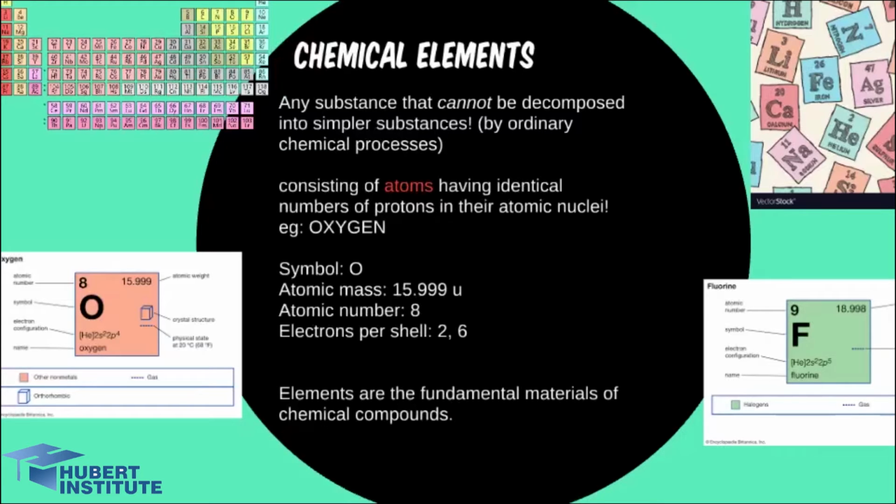For example, the first one is atomic mass, which is the number of nuclei and protons, and in the case of O it is approximately 16, and the atomic number, which is the number of protons, is 8, and other features are seen here.